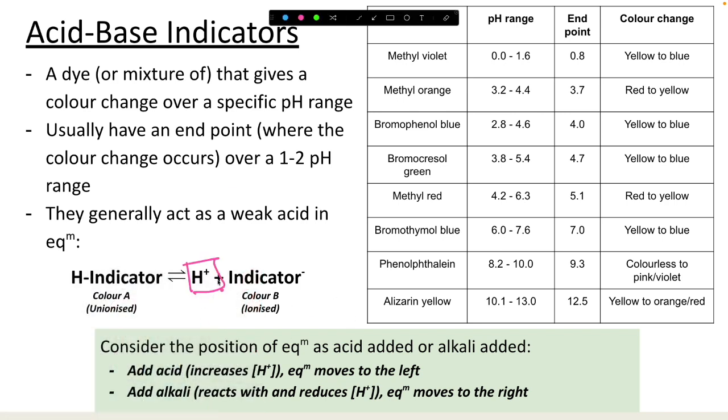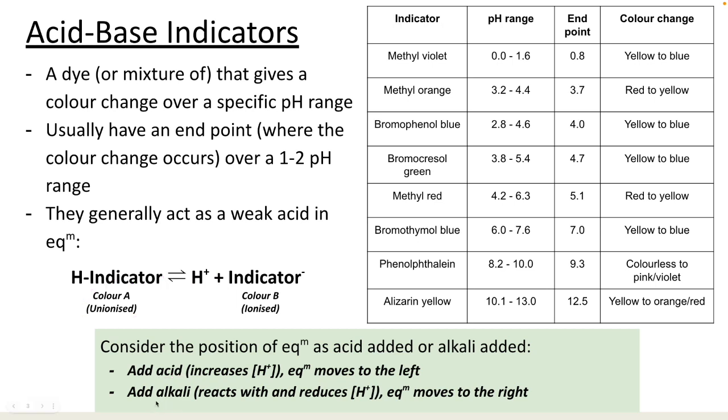So essentially what we're doing is that we're increasing the concentration of H+. Le Chatelier's principle predicts, if the system's at equilibrium, we disrupt that equilibrium, the system's going to shift the position of equilibrium to reestablish it. So, if we're adding acid, we're increasing the concentration of H+, so our equilibrium is going to shift to the left-hand side, and that's going to give us a certain color.